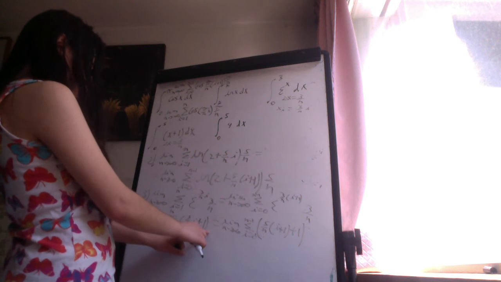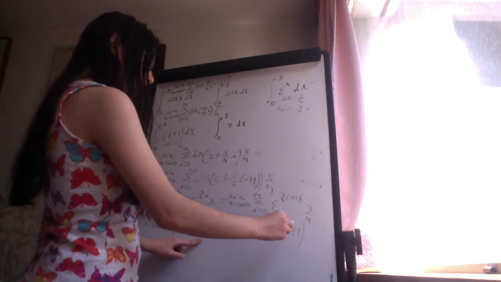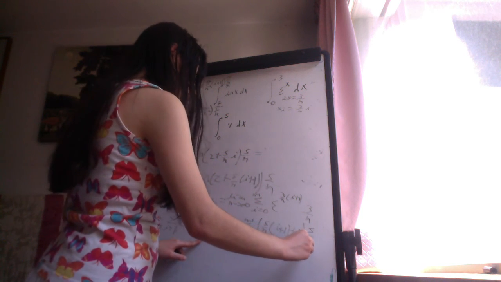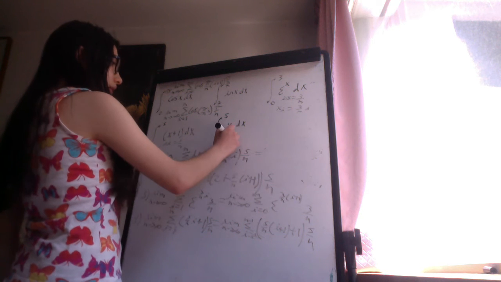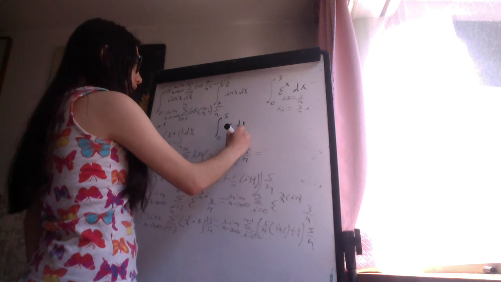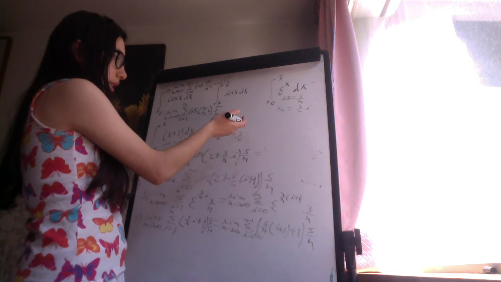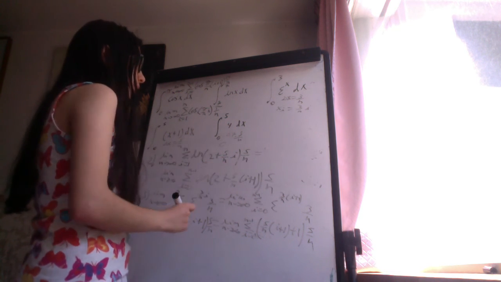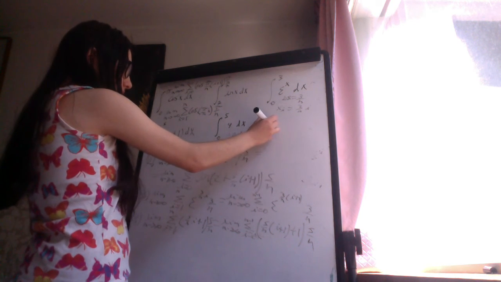Oops, here I forgot to multiply by delta x. That is 5 over n. And the last one is this. Here our delta x is 5 over n. Our a is 0. So x sub i will be 5 over n i.